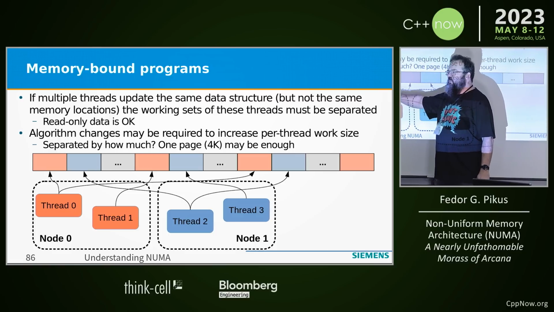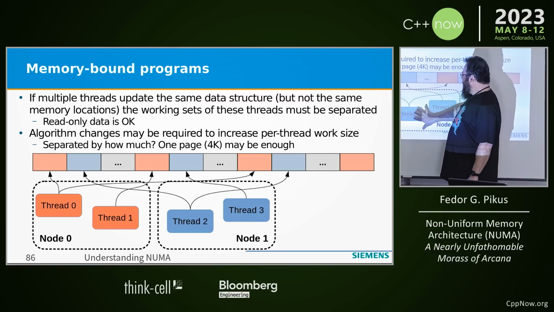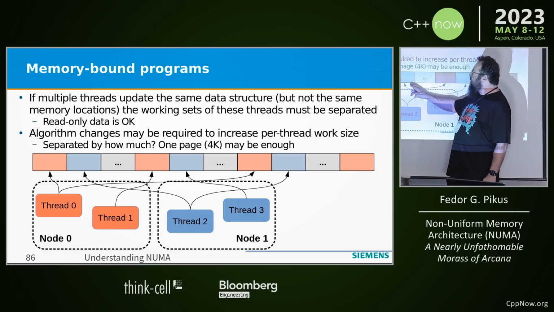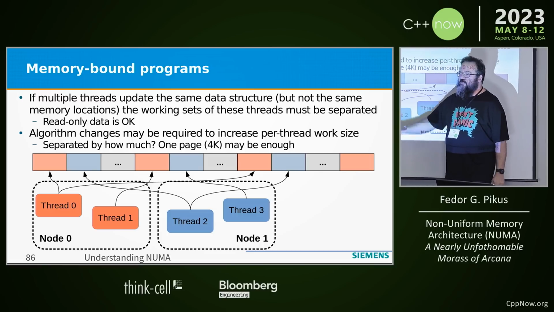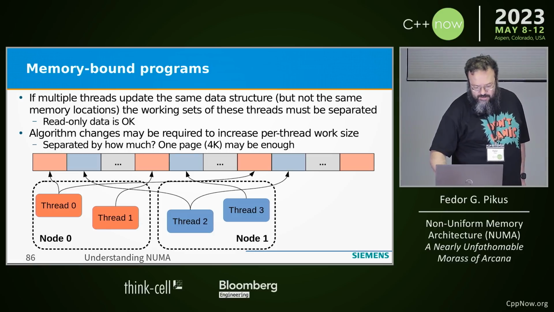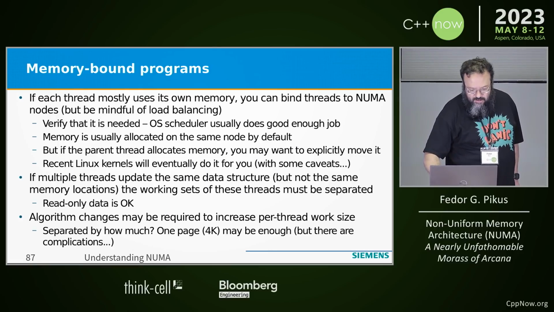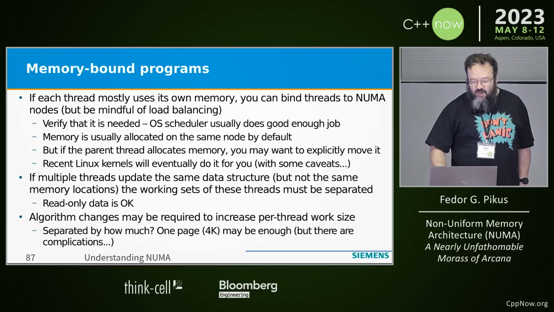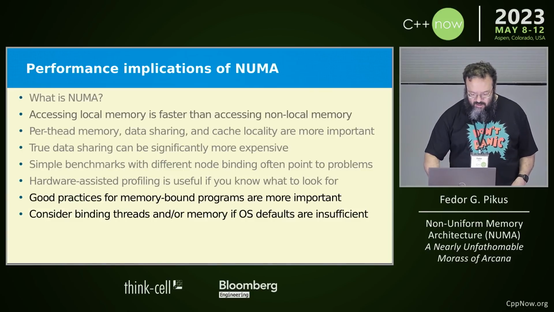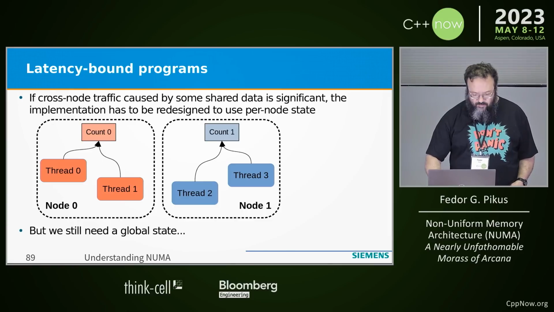You can interleave within one NUMA node as much as you want, but you have to spread the cross-node accesses. Usually one page is enough. If you're using huge pages, it may not be. Now, this may require algorithm changes. Okay, let's show one more really weird case.